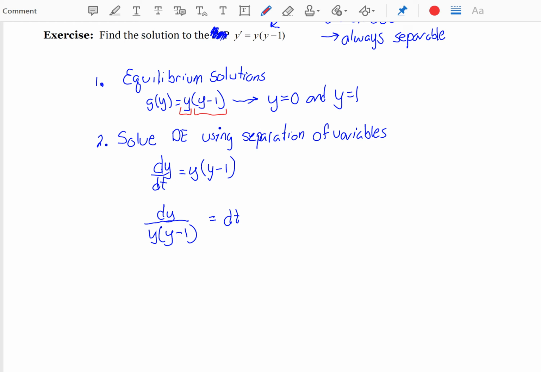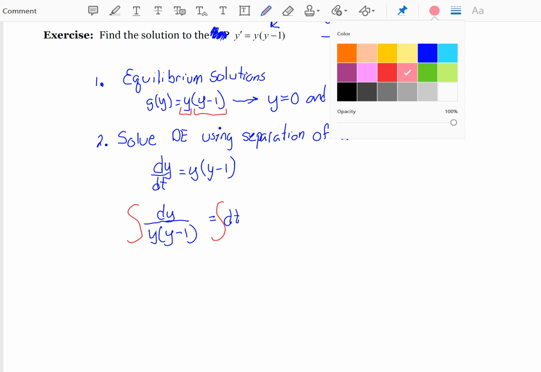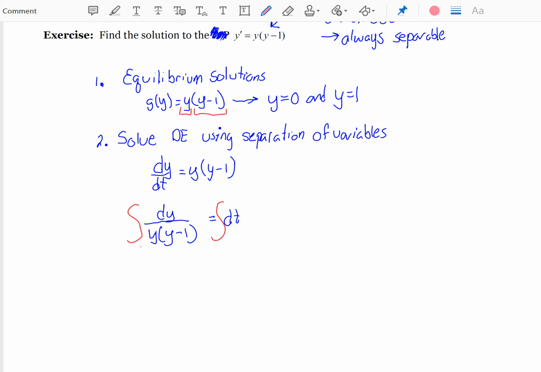Following the process we've done on our last two examples, we're now going to want to integrate both sides of our DE. And what I'd like you to consider for a moment is what integration technique could we use on this left-hand side?